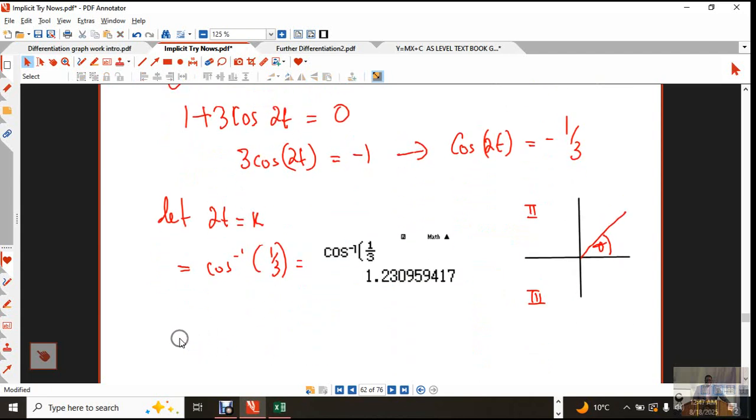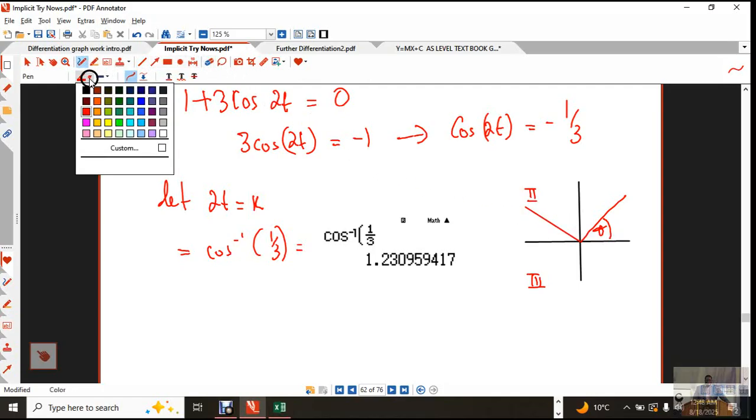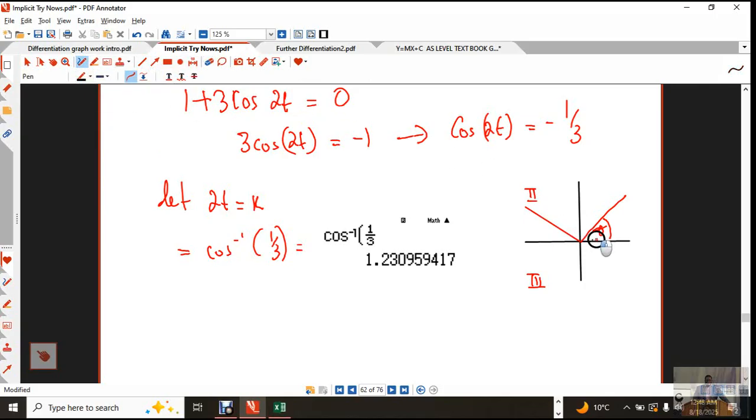So my solutions will be in the second quadrant. In the second quadrant, the angle that I'm going to consider is pi minus theta, or pi minus k.